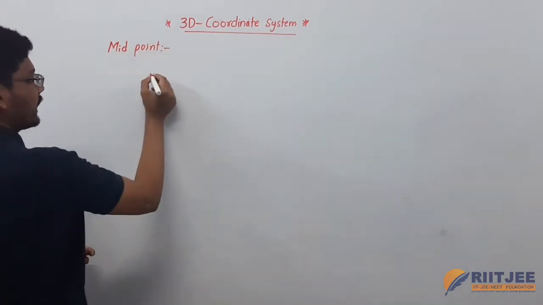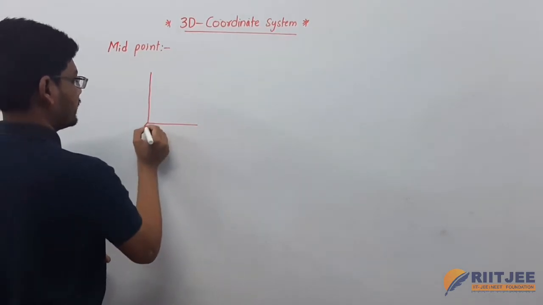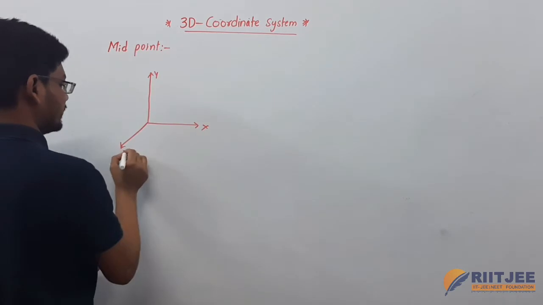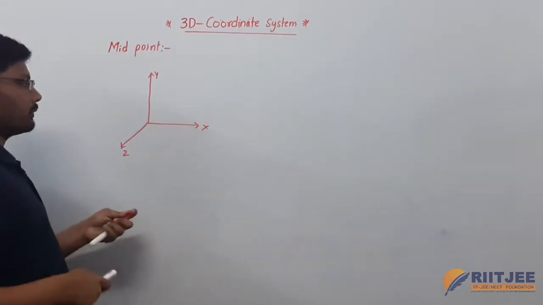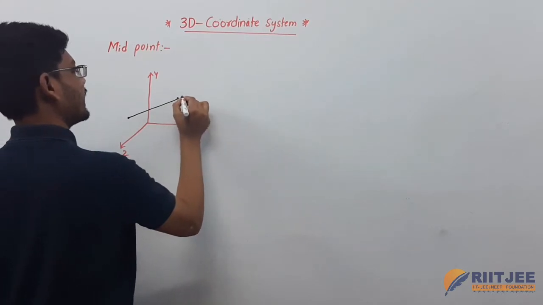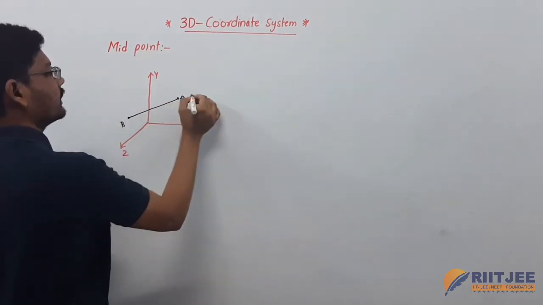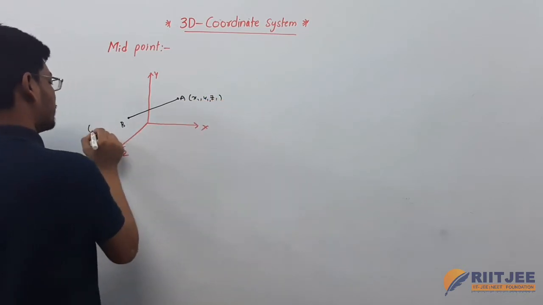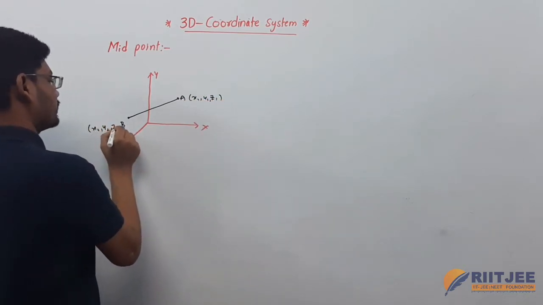See here, I am taking a 3D coordinate system. This is x, this is y, and this is z. Here I am taking a straight line in a 3D coordinate system. This is A and this is B. This is x1 comma y1 comma z1, and this is x2 comma y2 comma z2.